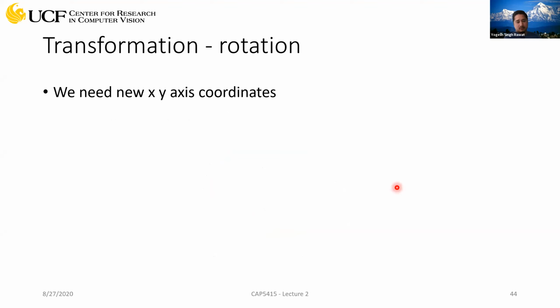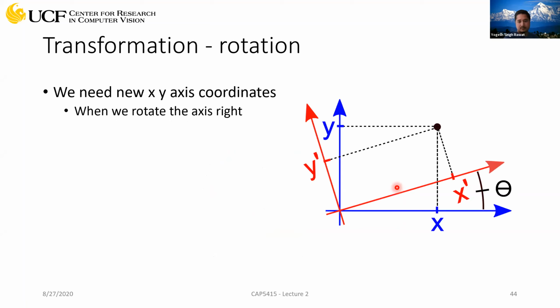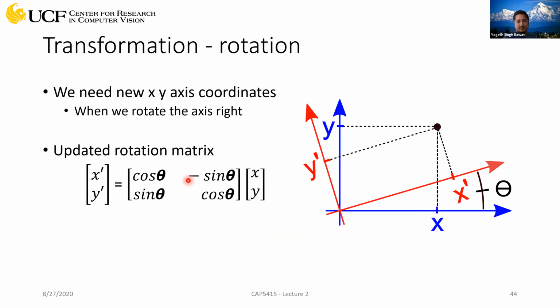Now, that was rotating in the opposite direction, but we don't want that. So we need new xy axis coordinates, which will do the right kind of rotation that we wanted. Now, how do we get these updated xy coordinates?